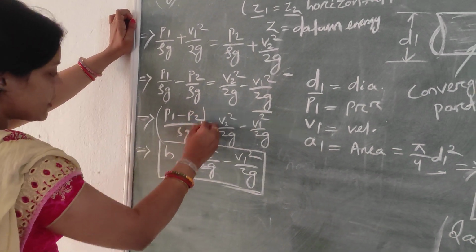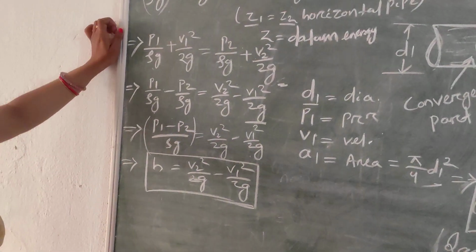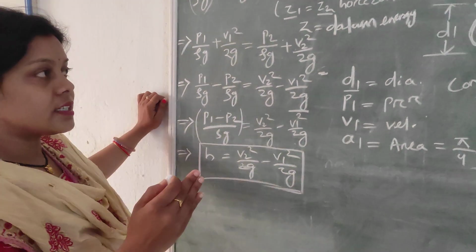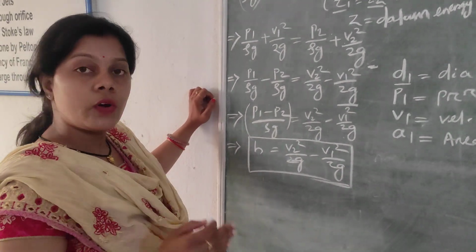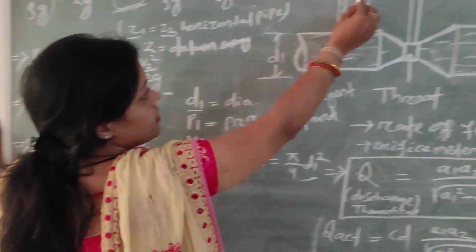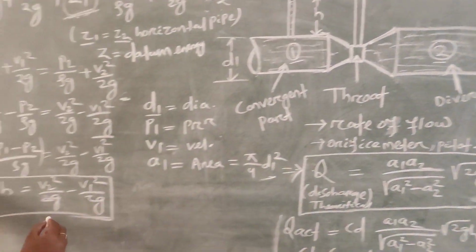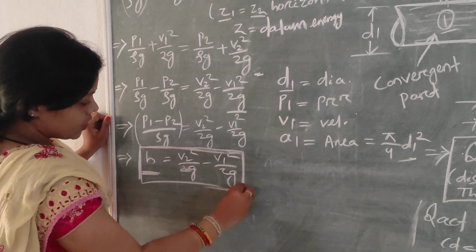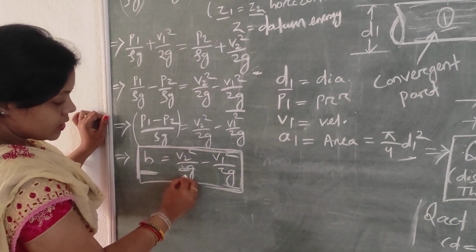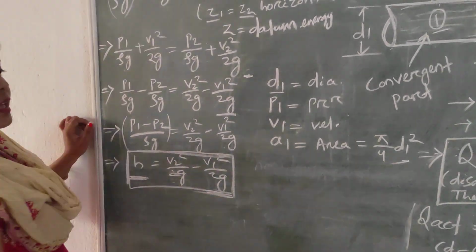Finally, P1 minus P2 by rho g is known as h. H is the manometric height through which the flow can be measured. So h equals V2 square by 2g minus V1 square by 2g.